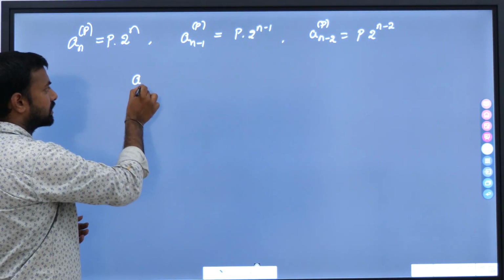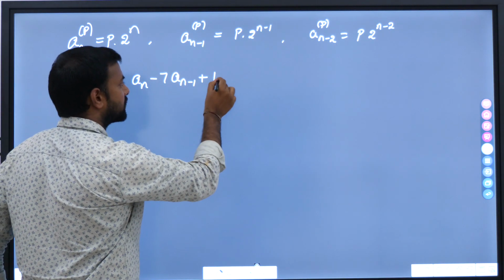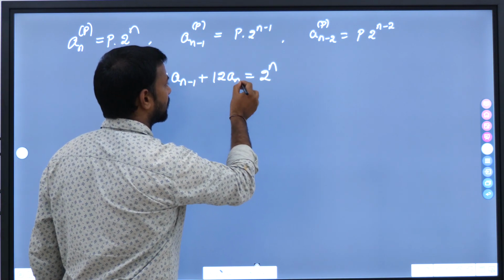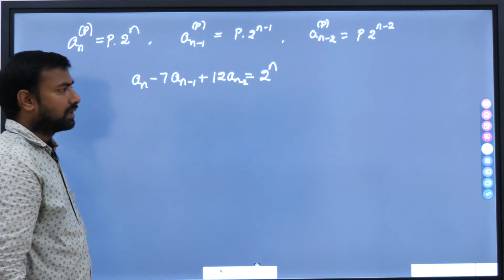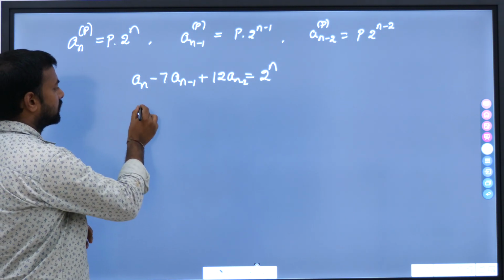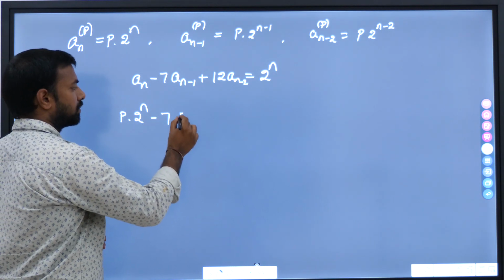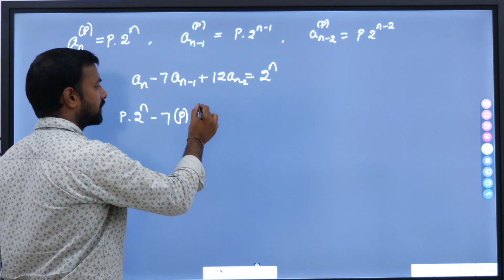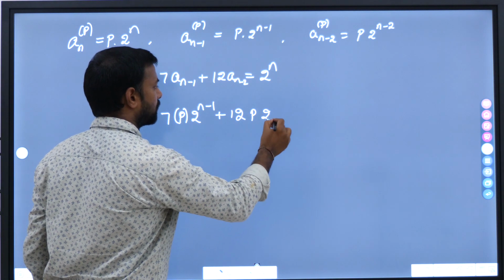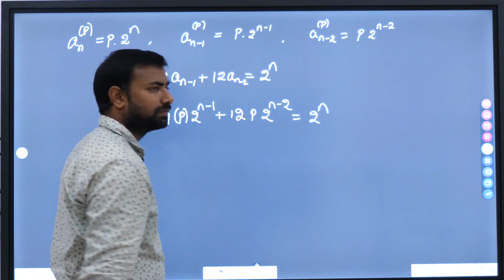What is it? That is a_n minus 7 a_(n-1) plus 12 a_(n-2) equal to 2 power n. Now by substituting these here, that is p into 2 power n minus 7 into p into 2 power n minus 1 plus 12p into 2 power n minus 2 equal to 2 power n.